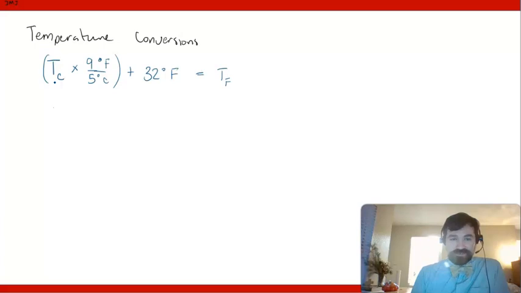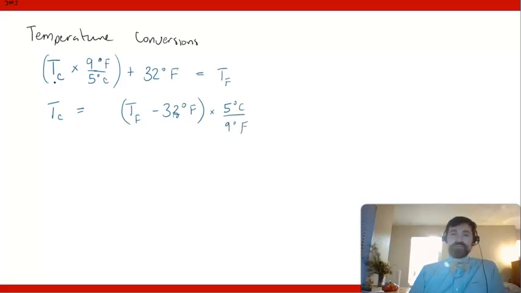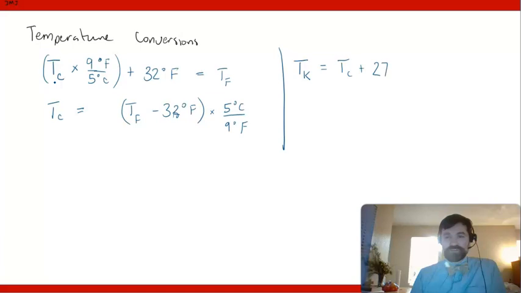Conversely, if I want to get my temperature in Celsius from Fahrenheit, I would take the temperature in Fahrenheit, subtract 32 degrees, and then multiply the entire result by 5 degrees C per 9 degrees F. Okay. What about Kelvin? Well, the temperature in Kelvin is the temperature in Celsius plus 273.15 Kelvin.